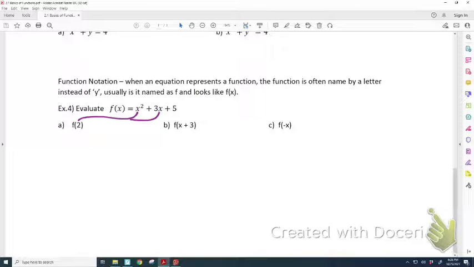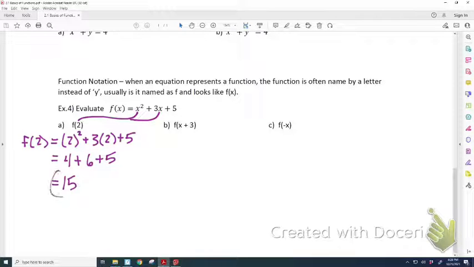Anytime you're plugging in a whole number, you're going to get an actual answer. On part B, part C, we're going to get an answer, but it's going to have a bunch of x's in it. So we have 2, use parentheses when you plug in, especially when you have negatives. We get 4 plus 6 plus 5, so we get 15.